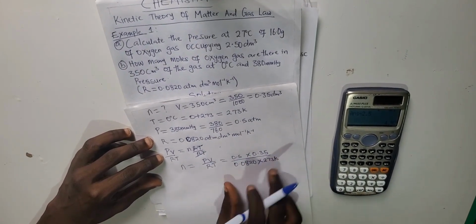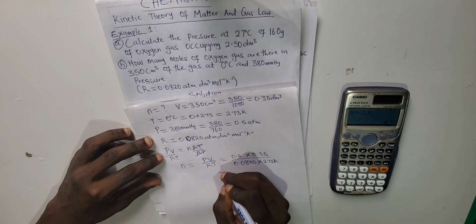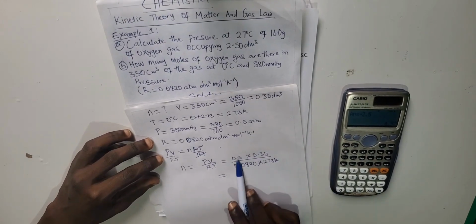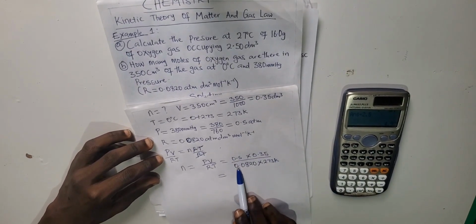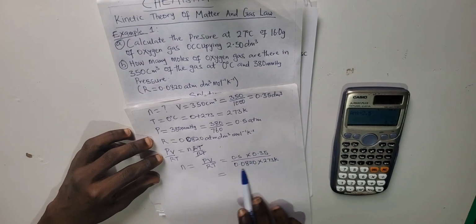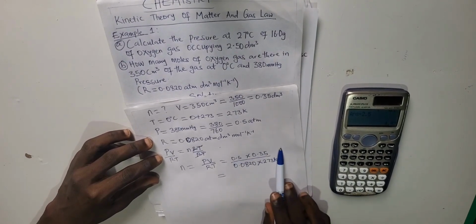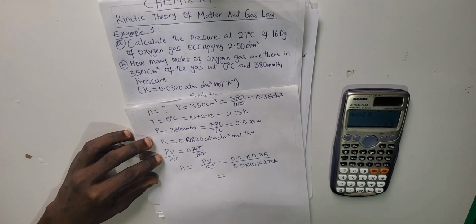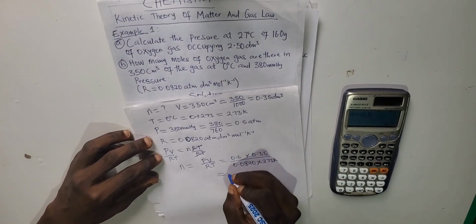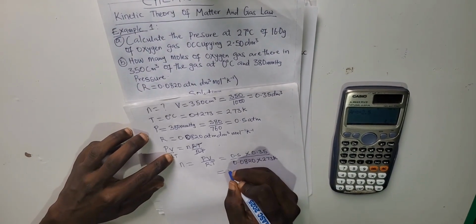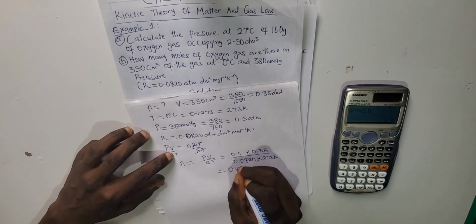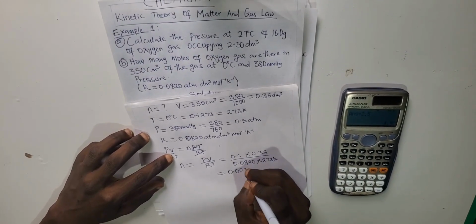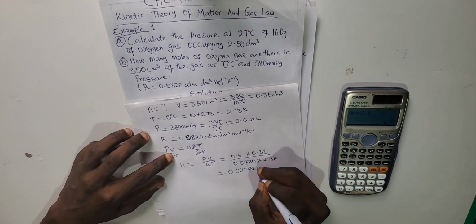So I will now put the unit at the end of it. So this should give me what? Now you multiply this and this together, then you divide it by the multiplication of this and this as well. Whatever you get, divide them. Okay, so our final answer, that is number of mole, will be equal to 0.00782 mole.